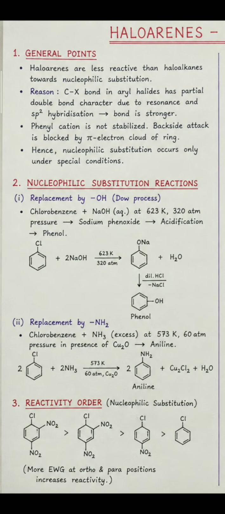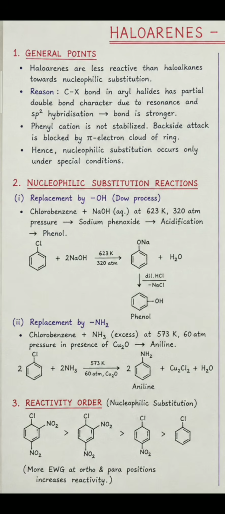In nucleophilic substitution reactions, the first one is replacement by OH. We call it Dow process. When aryl halides are treated with sodium hydroxide, it gives sodium phenoxide, followed by acidification, it gives phenol.